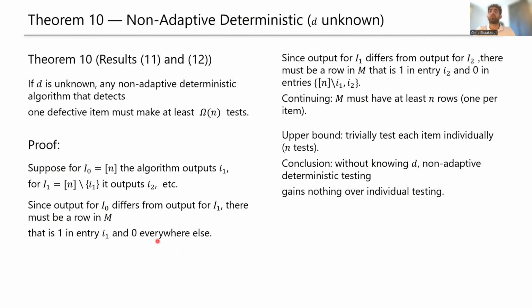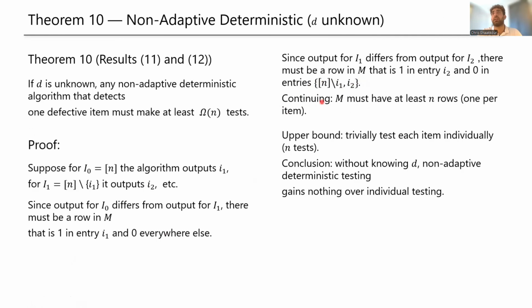And now, since the output for I1 differs from the output for I2, there must be a row in M that is 1 in entry I2 and 0 in entries of the set 1 till n, excluding I1 and I2. And if we start counting these entries, we get that M must have at least n rows, 1 per item, okay?